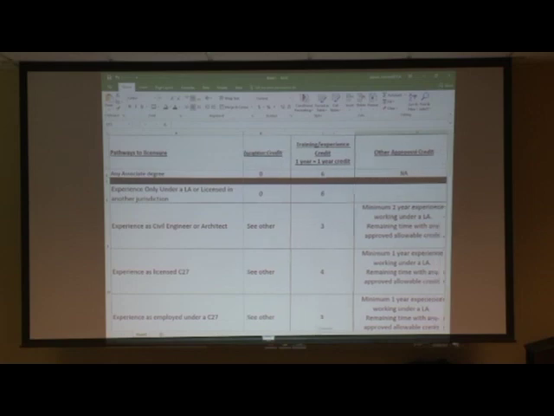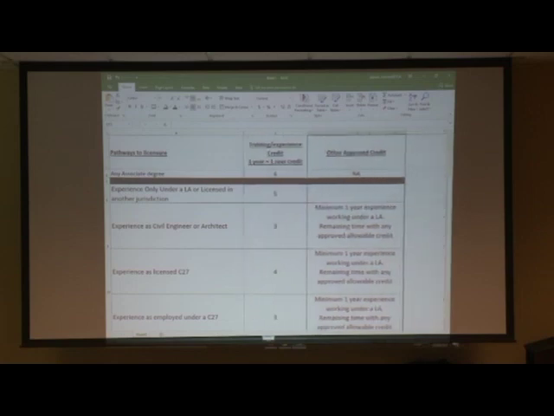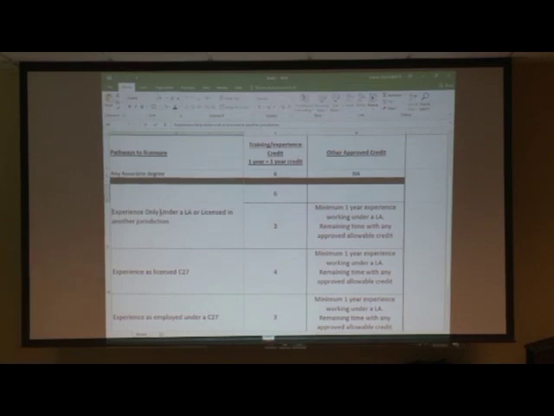You go one more row, so we see 7, 8, 9, 10. I don't know that it should say experience only under LA, because we just give a max of up to 6 years. Experience under. Are you talking about this one? Yeah. So take away that one.